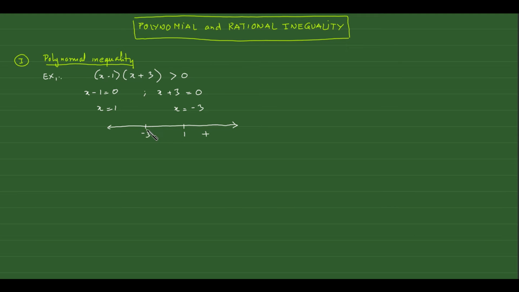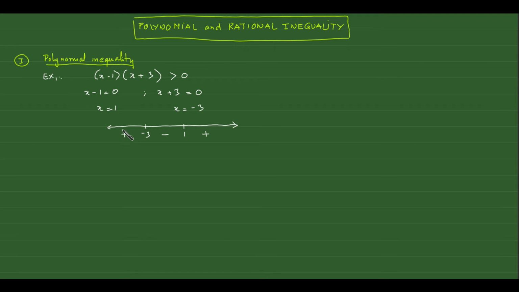And you pick a value between -3 and 1, for example, you pick 0. Then you have negative, right? And you pick a value less than -3, for example, -4. You plug it in, which gives you positive. So you have positive, negative, and positive, and the original inequality is greater than 0.